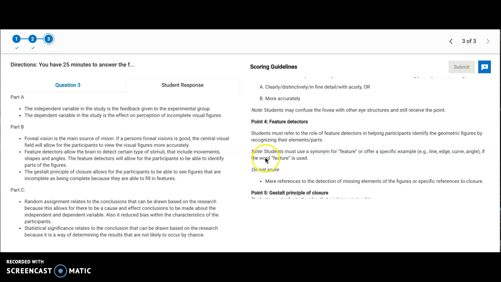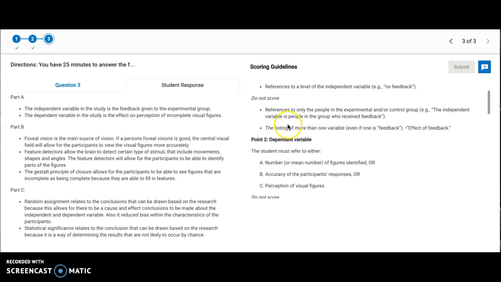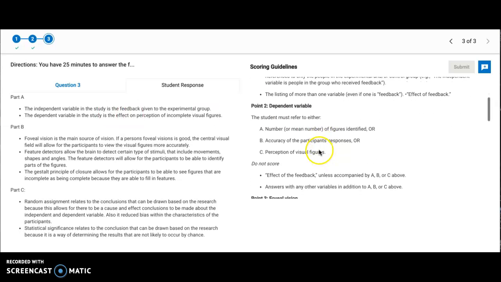All right, so she said the independent variable in the study is the feedback given in the experimental group. That's a good specificity. And the dependent variable in the study is the effect on perception of incomplete visual figures. Okay, so in the rubric, the independent variable looks good.